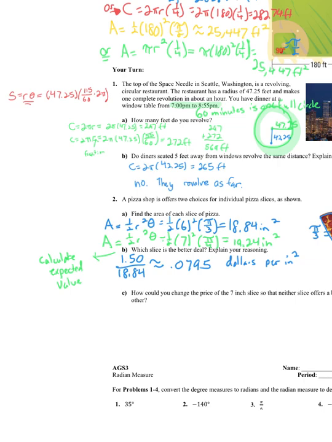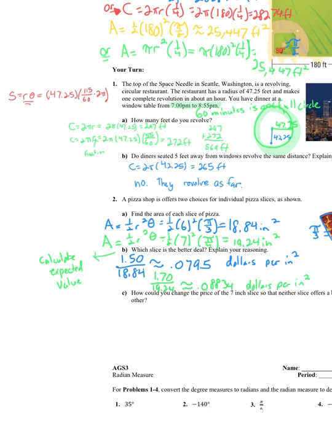The other one, I would do $1.70 divided by that area, 19.24. And that comes out to 0.08834 dollars per square inch. So the second one essentially is almost a full penny more.